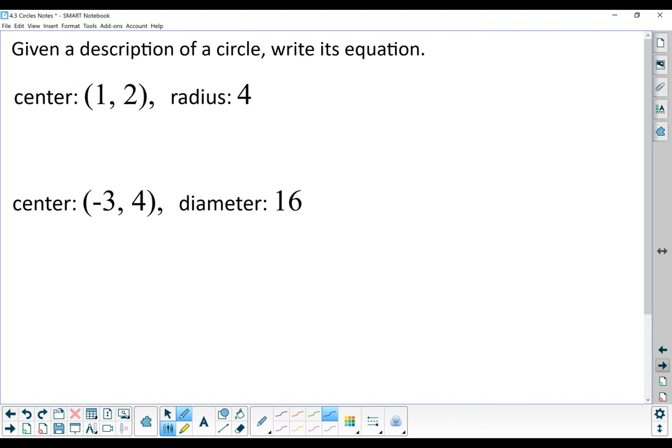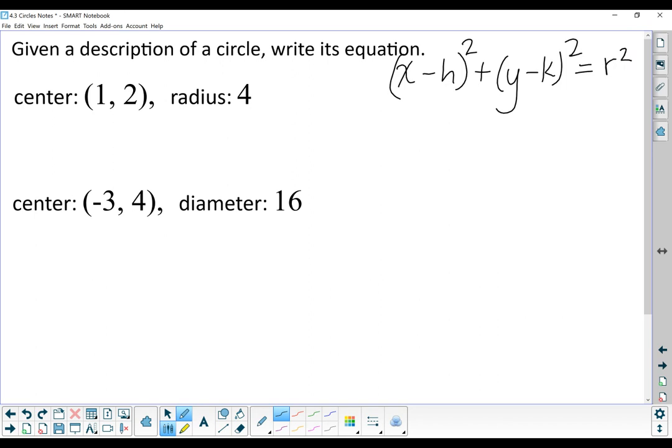Okay, so now that we have practiced graphing those, we're going to write their equations. So when you're writing the equation, remember that you have your center with the x and the y. Something to not forget is that both are squared, like the Pythagorean theorem, and then we also have the radius squared.